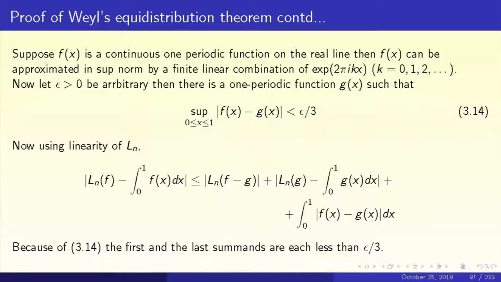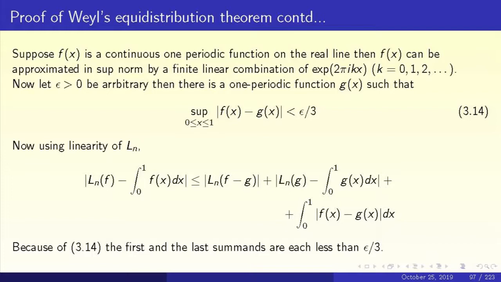The same thing goes through, just the variable x has been rescaled, that's all. So the above approximation theorem can be reformulated as follows. Suppose f of x is a continuous 1 periodic function on the real line, then f x can be approximated in sup norm by a finite linear combination of e to the power 2 pi i kx, where k runs from 0, 1, 2, 3, etc.